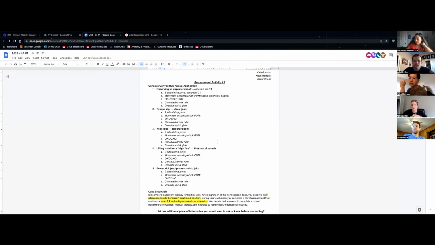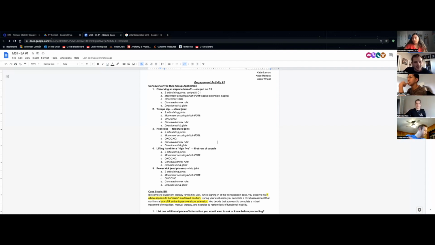Exactly. So in this case the occiput would be the distal one. Oh, okay, I see now. It's a little weird because you would think the head's the most proximal thing, but looking at it from the center, it's further away. We're kind of treating the head as an appendage.